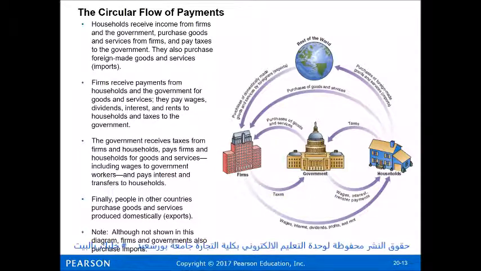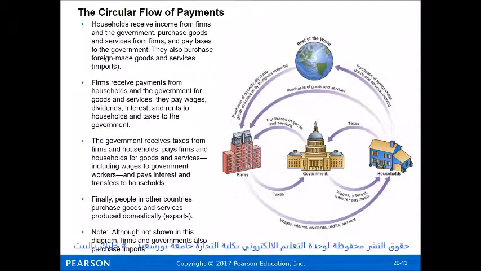The government in turn receives taxes from firms and households. The government pays firms and households for goods and services, including wages to government workers or employees, and it pays interest and transfers to households.